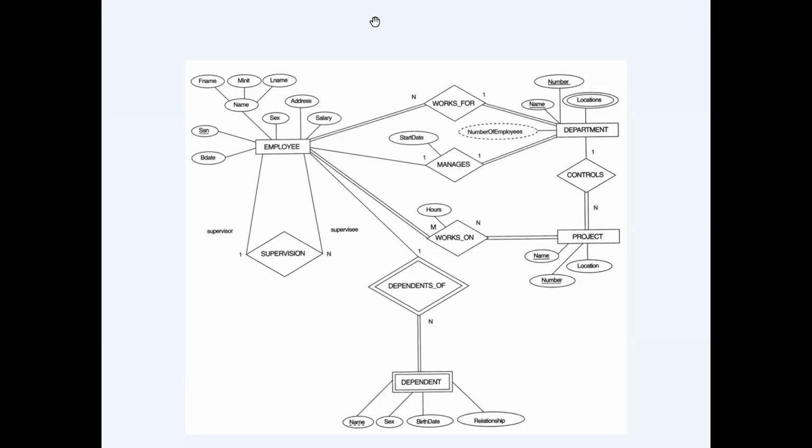A student will belong to a single department. So that means on one side you have a student, and on the other side you have a department.